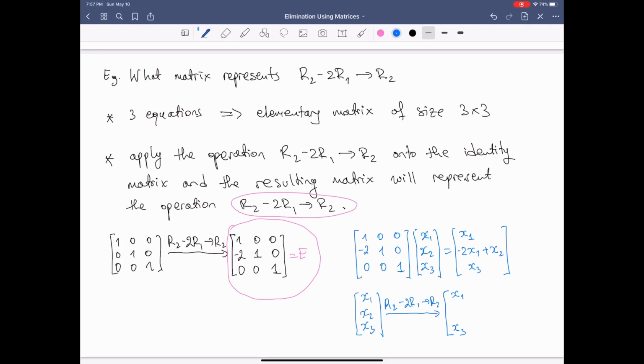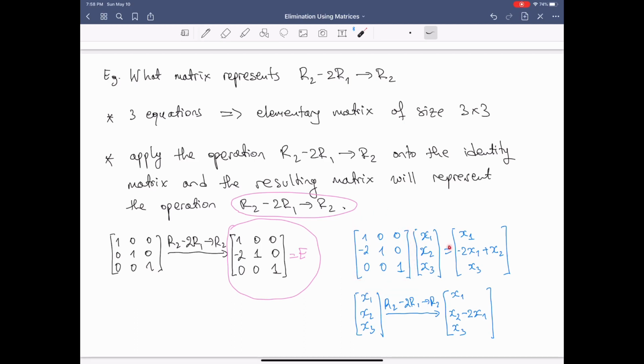So I have x2 minus 2x1 in the second row, and you see that the two vectors are the same. So whether I apply this operation on the vector x or I multiply the vector x by a matrix, I get the same result.